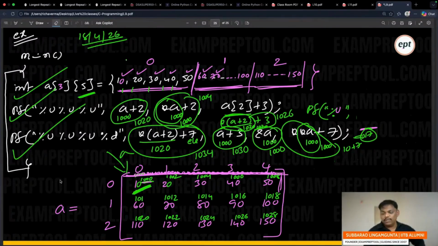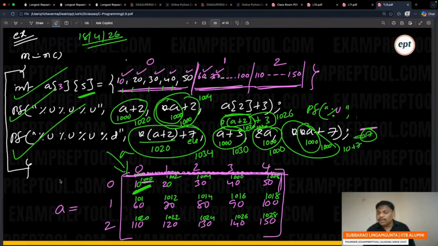Address in matrix means what? 1034, where is it? Star A plus 2 plus 7. But all are there continuously, no? In the memory, all are there continuously.